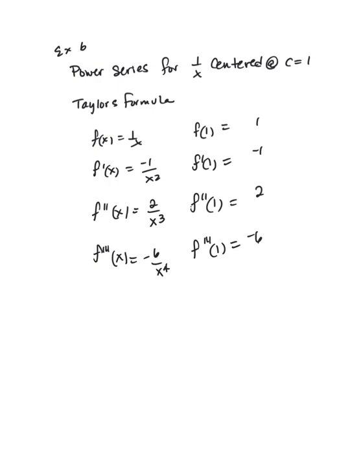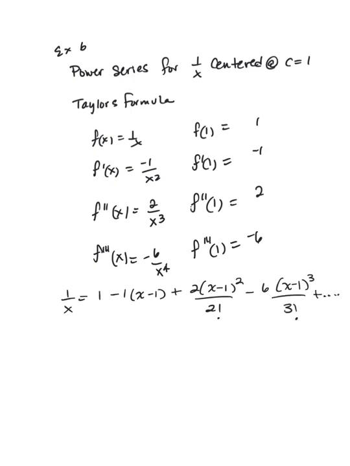Okay, so Taylor's formula, we do 1 over x equals f of 1 plus f prime of 1 times x minus 1, because that's your center, plus 2 times x minus 1 squared over 2 factorial, minus 6 times x minus 1 cubed over 3 factorial, yada, yada, yada, right? So the general term would just be, you can see that these are going to cancel out. So it would just be x minus 1 to the n.